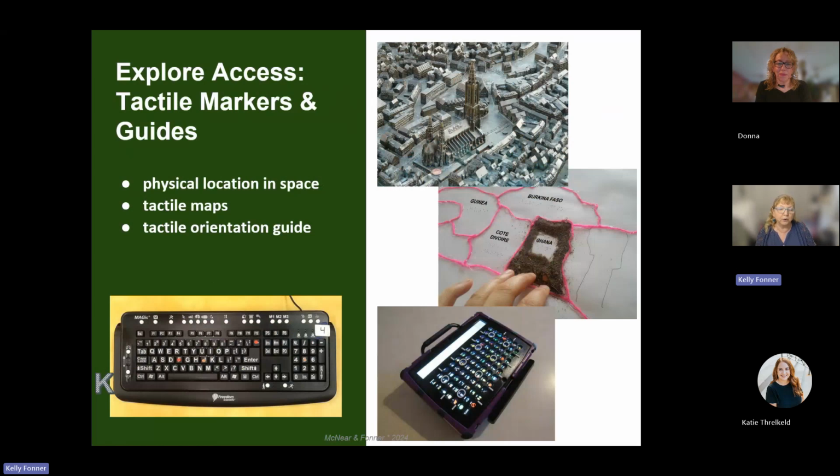There's also another way in which we use tactile markers or guides, and it's this idea of orienting somebody to the tool that they're using. So you might find on traditional keyboards, there may be some raised dots on some of your letters where certain finger positions go. On the keypad, there might be a raised plastic nub essentially on the middle of that numeric keypad. Some communication device manufacturers are looking at adding this to their displays.